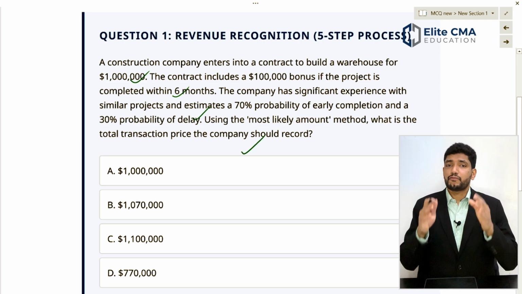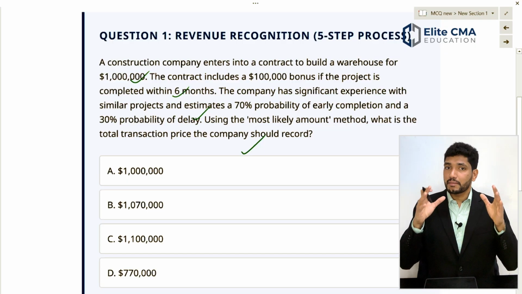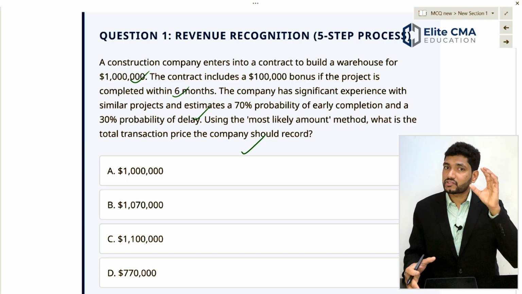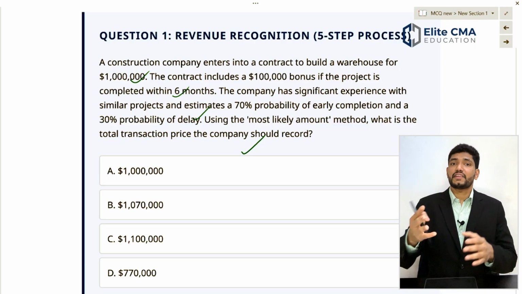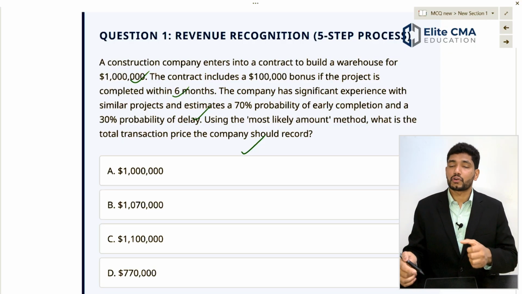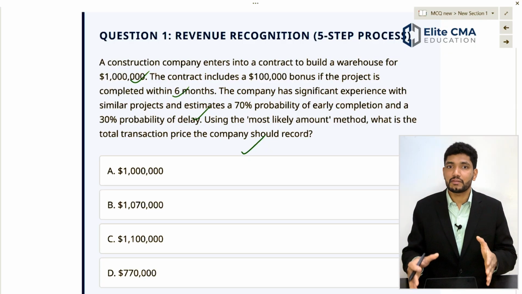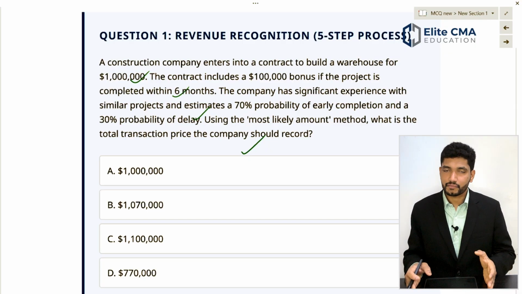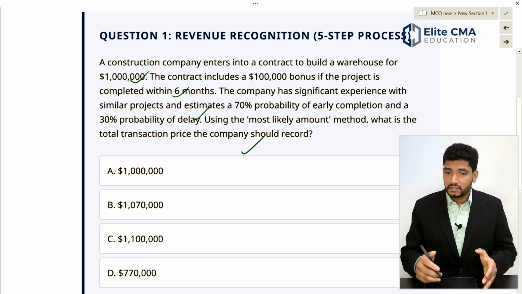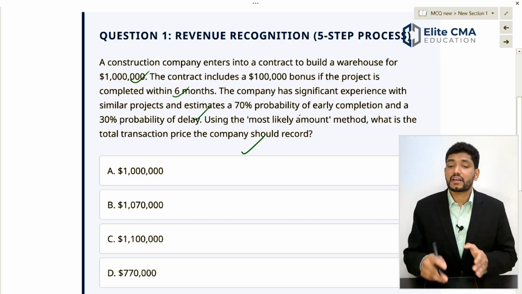So, before answering a question, the first important thing is you have to understand the question and what exactly it is asking, that you have to understand before solving a question. In this question, it is asking what is the total transaction price the company should record.